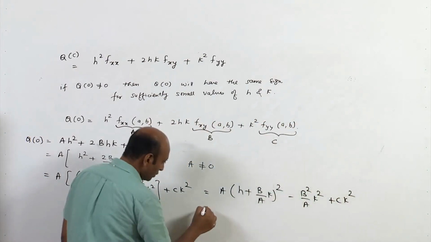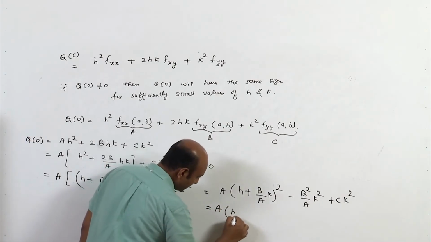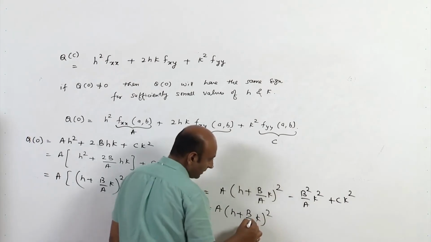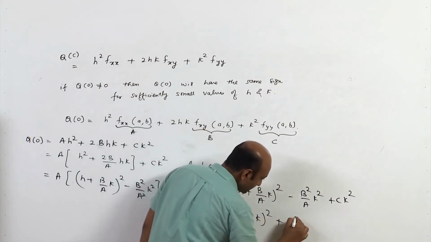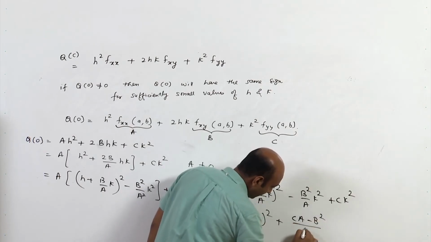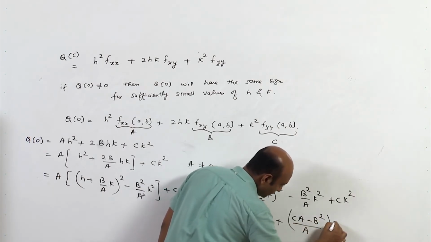So, this will be equal to A into (h plus b by A into k) whole square plus (c A minus b square) by A into k square.